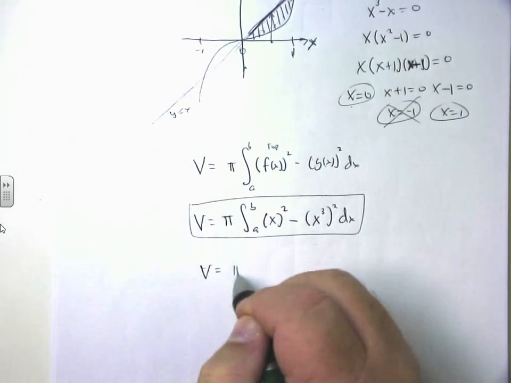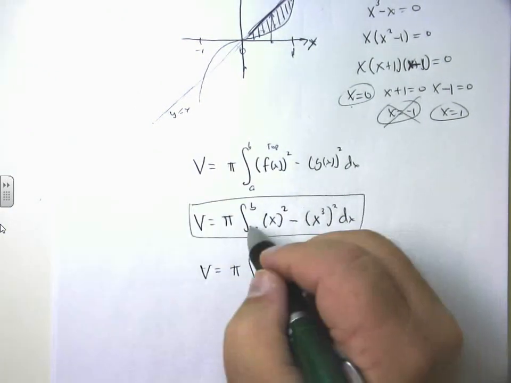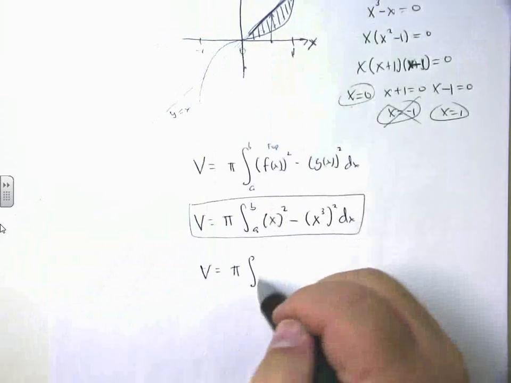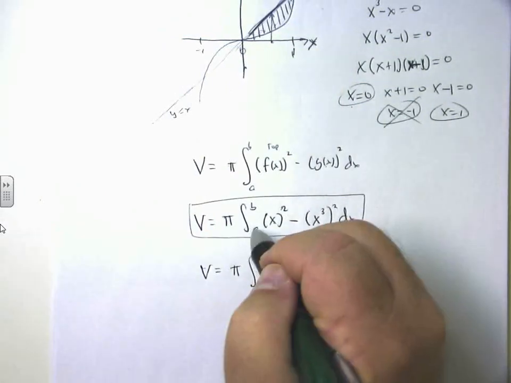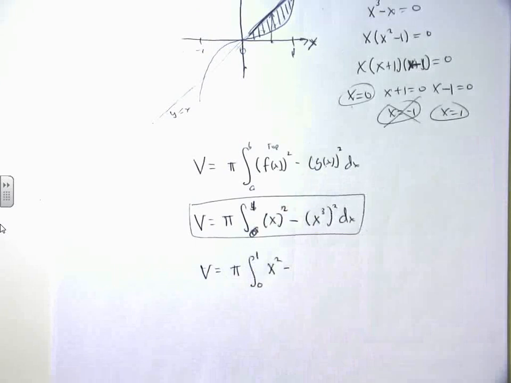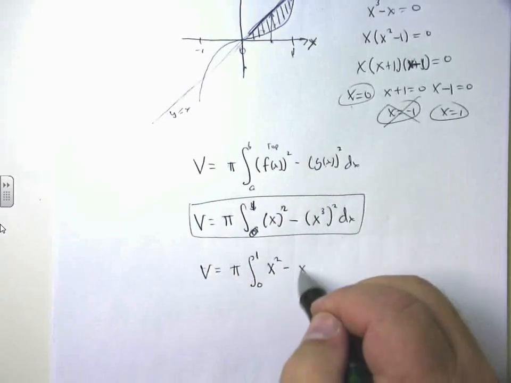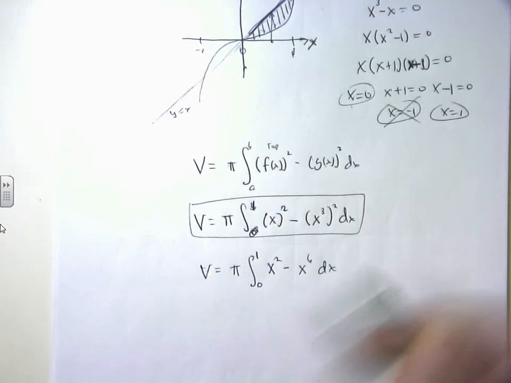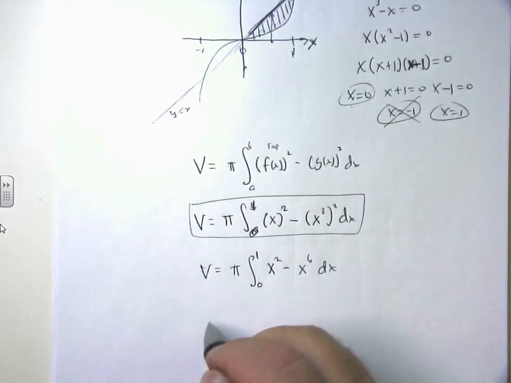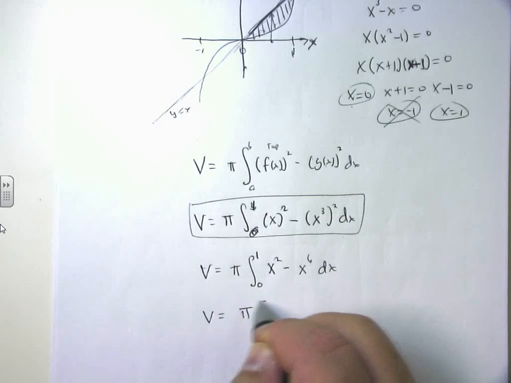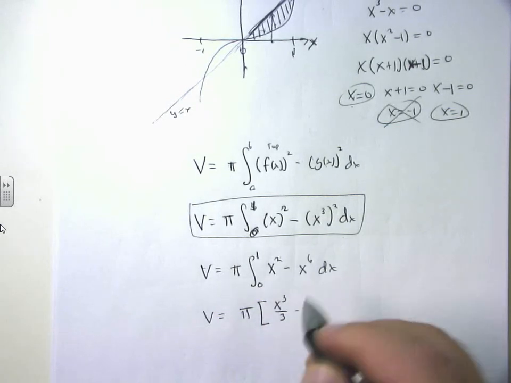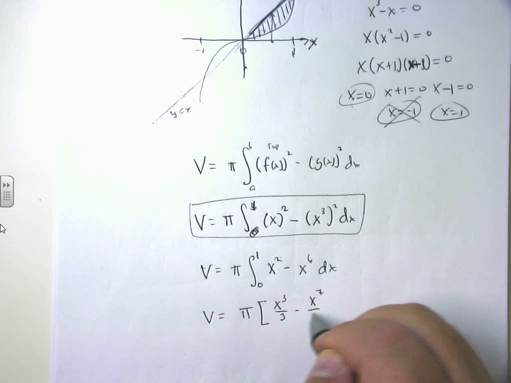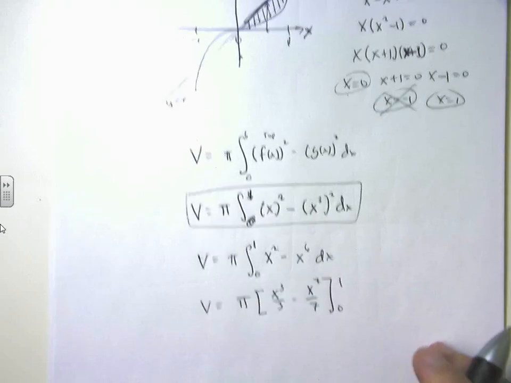So volume equals pi times the integral. Oh, forgot my bounds. My bounds would be from 0 to 1 of x squared minus x to the 6th dx, a power to a power means multiply. So volume equals pi times the integral of x squared, which is x cubed over 3, minus the integral of x to the 6th, which is x to the 7th over 7, evaluated from 0 to 1.